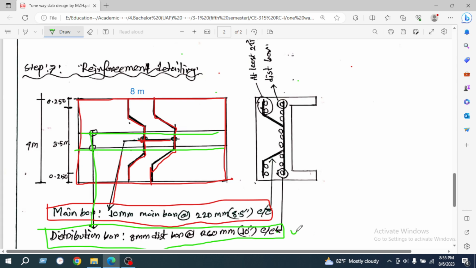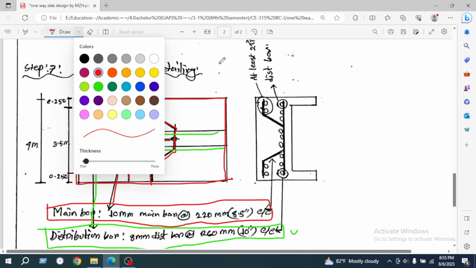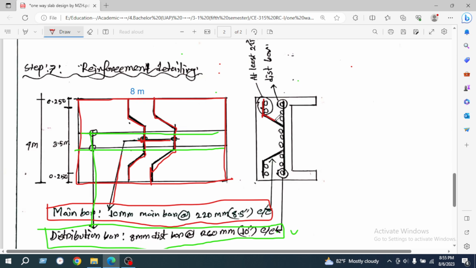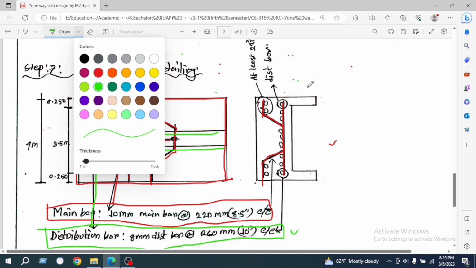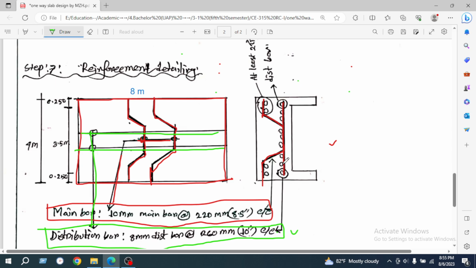At first we see the main reinforcement bar. We have used it this way and this way. This is the cross section of the slab, and the distribution bar is used this way, perpendicular to the main reinforcement bar.